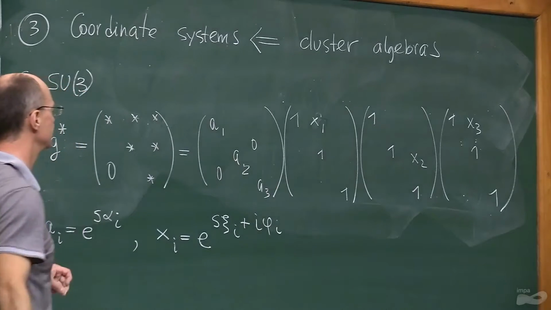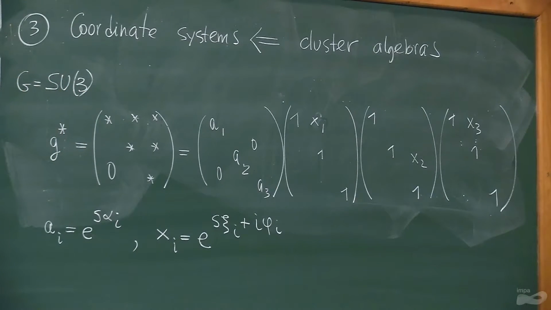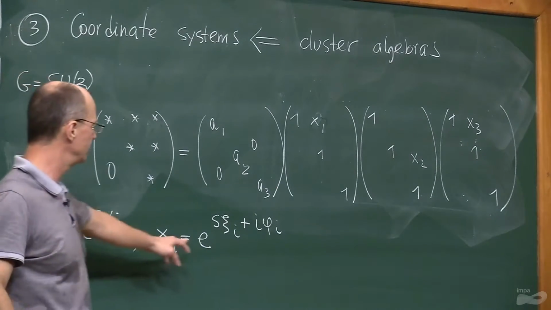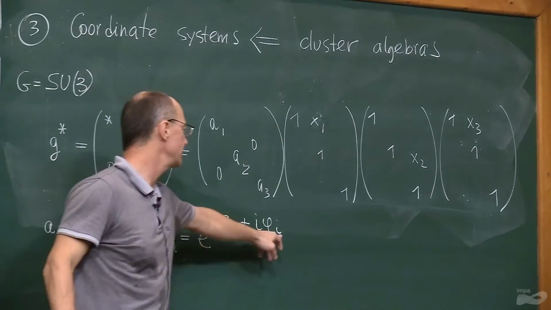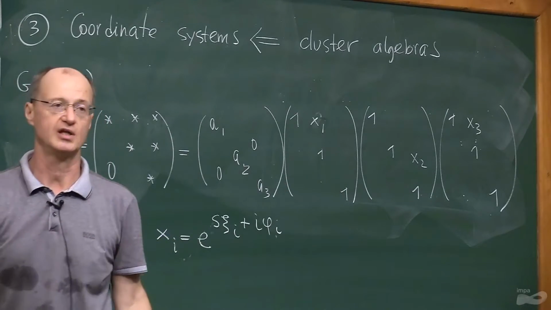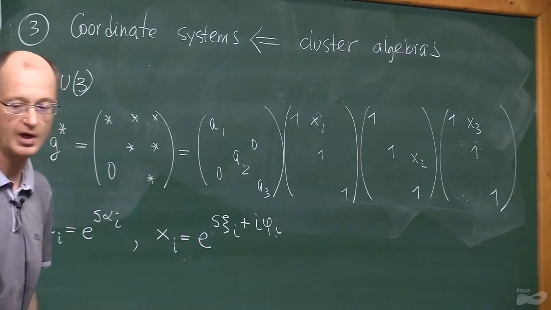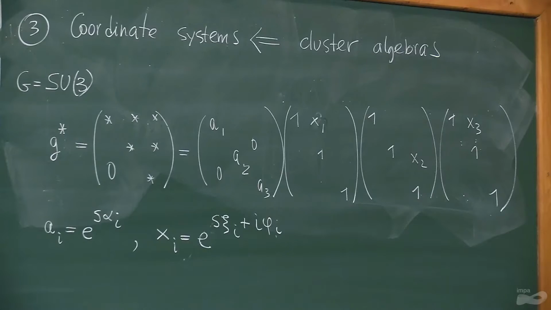So let me introduce this parameterization. The absolute value of x_i again has this exponential change of variables with S in it, and for the angles, we just leave the angles.